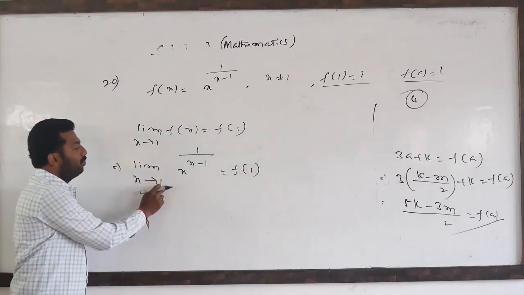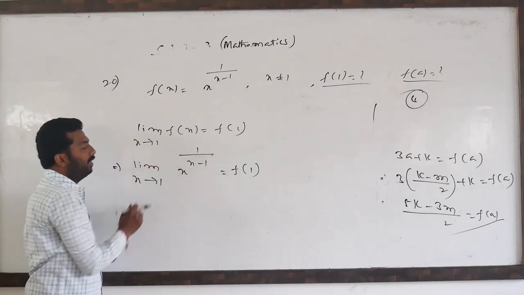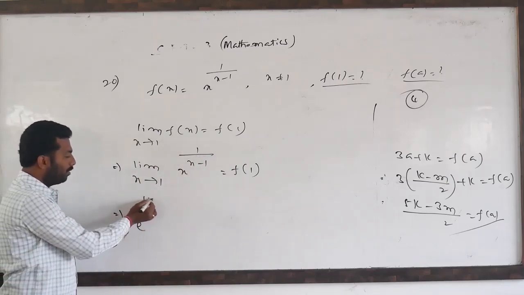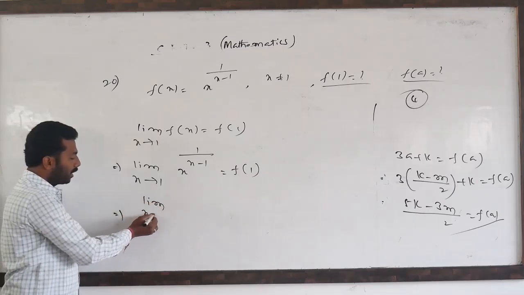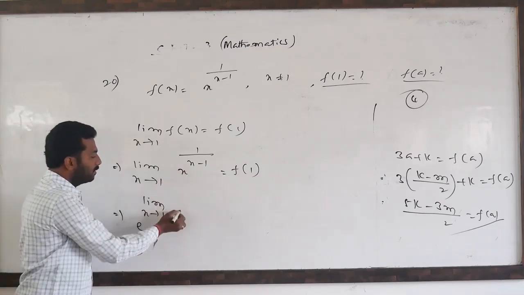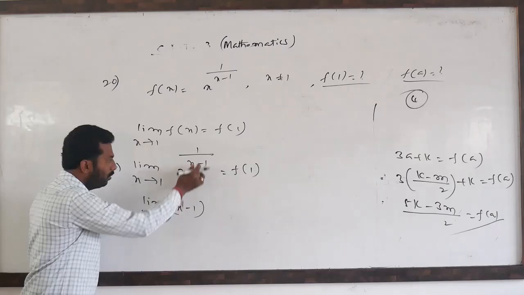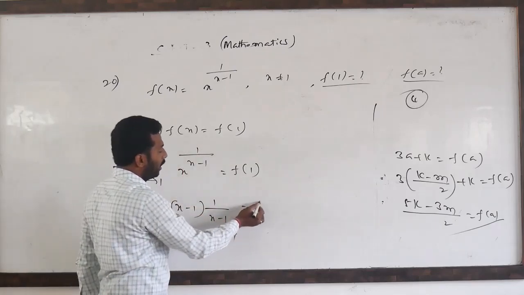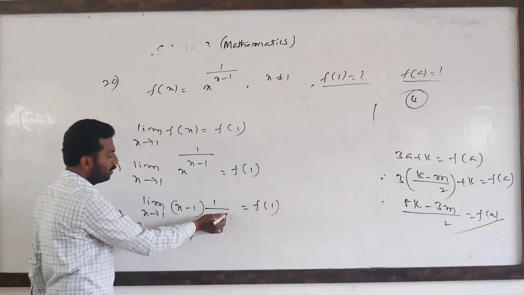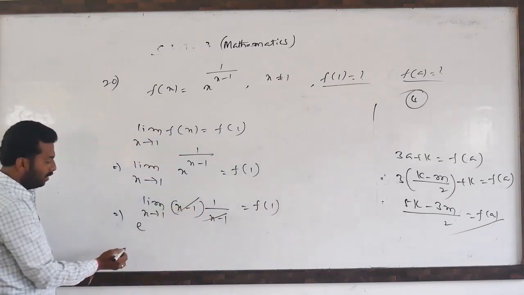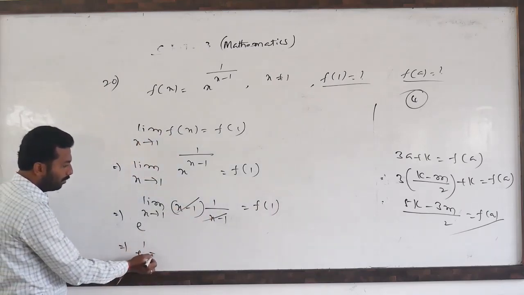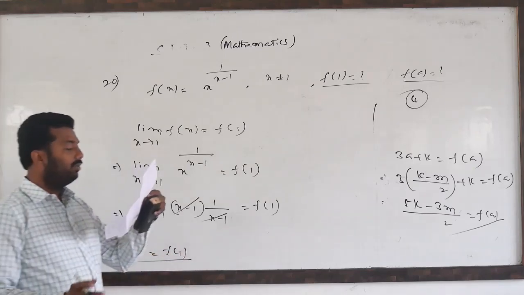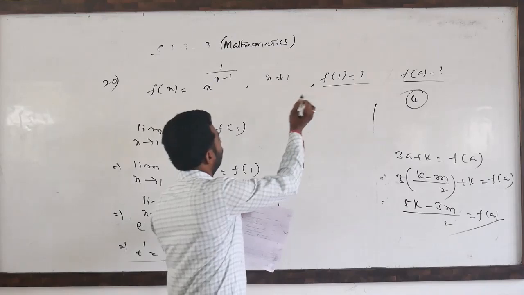Suppose x equal to 1, if I substitute, 1 power infinity case, what we have to do? e to the power limit x tends to 1 (base minus 1) into power. What is the power? 1 divided by (x minus 1). X minus 1 cancels, so e power 1 equal to f of 1. So f of 1 value is e. So first option.